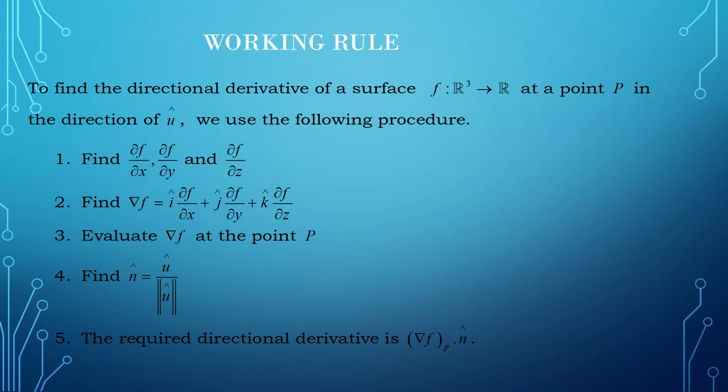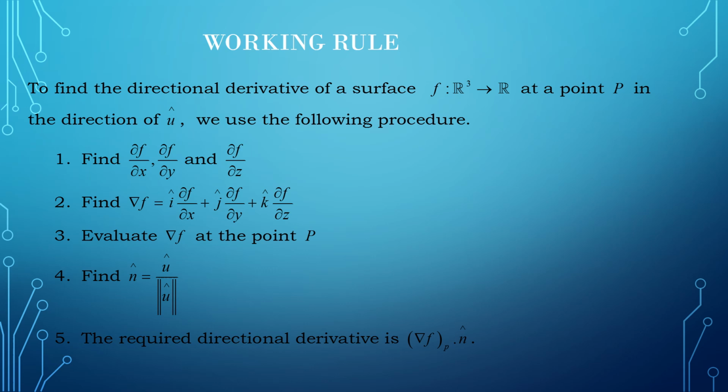In step 2, we find the gradient of the given scalar field f. Del f equals i cap ∂f/∂x plus j cap ∂f/∂y plus k cap ∂f/∂z. In the third step, we evaluate this gradient del f at the given point P.